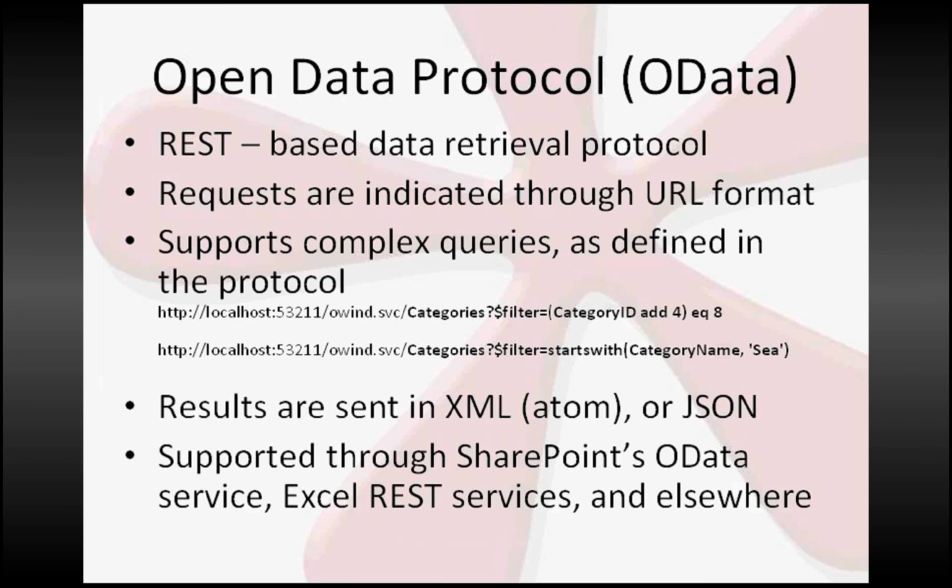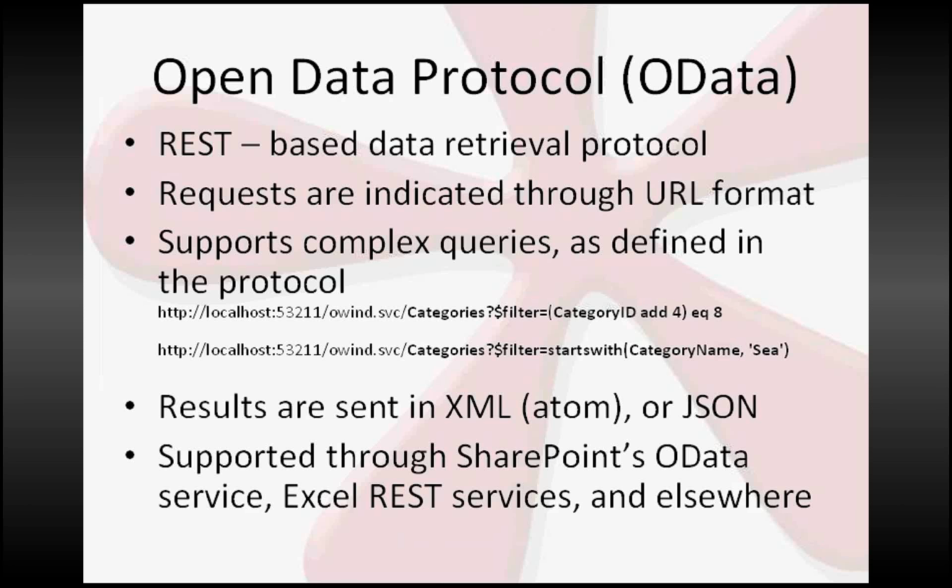Now, results are returned as XML or JSON. There are basically 3 standard ways of returning data from OData right now. There's XML, in a standard format called Atom. There's JSON, and I believe it's called JSON-P, which is a sort of stripped down version of the JSON responses.